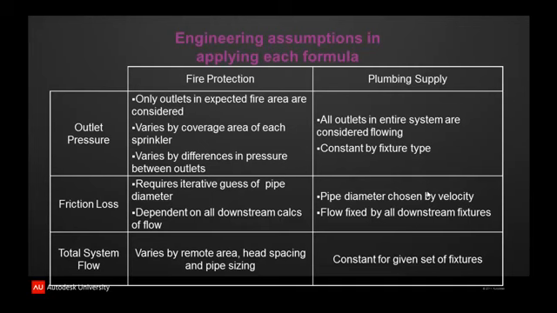In the plumbing system, where you assume the entire thing is operating evenly distributed, you can much more easily determine the pipe diameters, which are chosen by velocities, and the fixed flow of all the downstream fixtures. And then the total system flow varies by what it is you're analyzing in the fire protection, whereas it's way more straightforward in the plumbing system, where it's a constant for a given set of fixtures, meaning it's constant for that building.